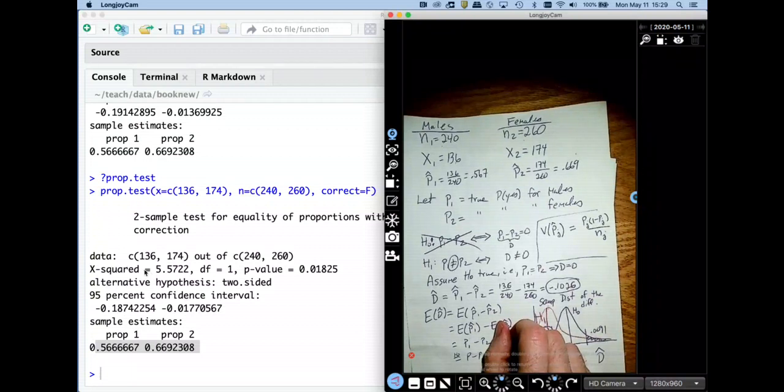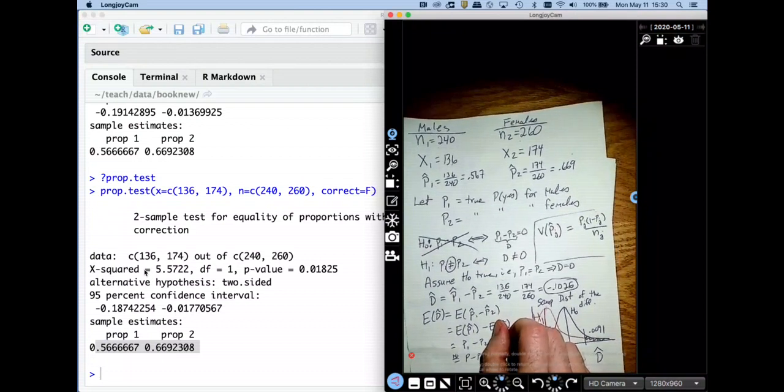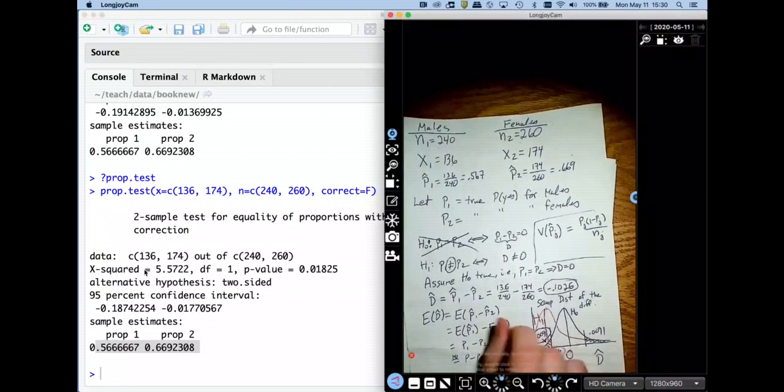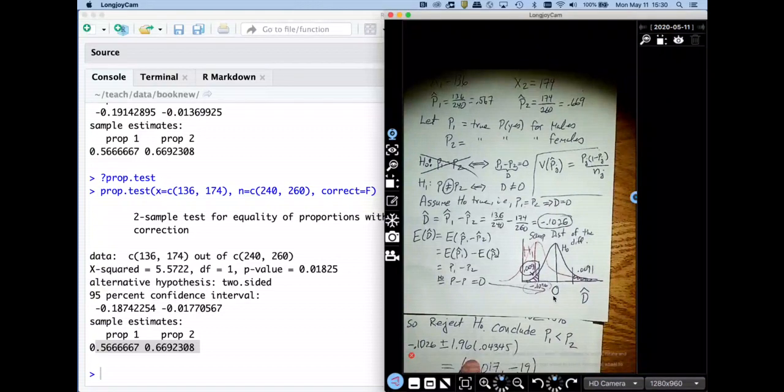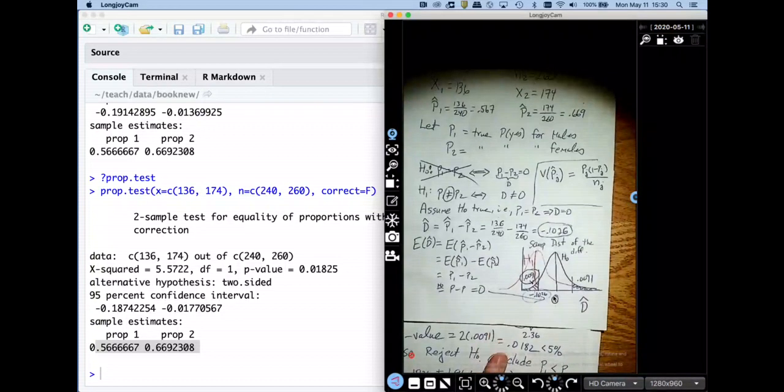It actually computes this with a chi-square distribution, which is an equivalent way of doing this. And you're going to notice you get exactly the same p-value. My p-value was 0.0182, here it is.